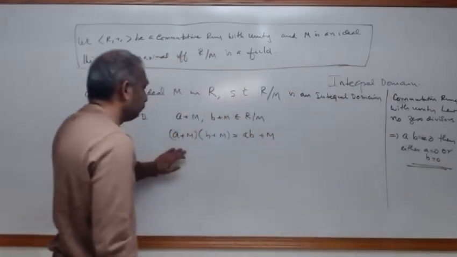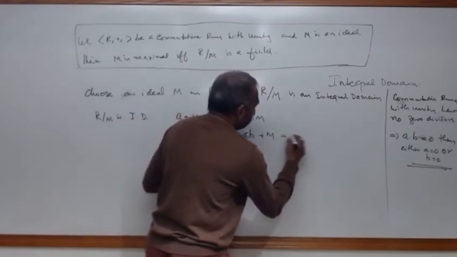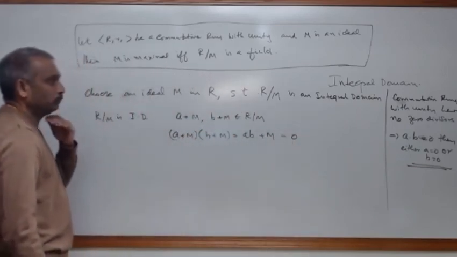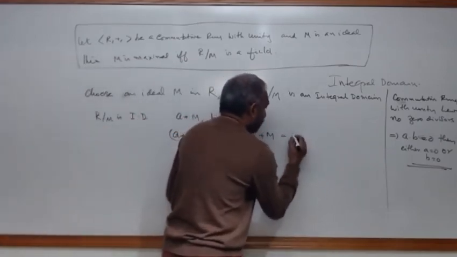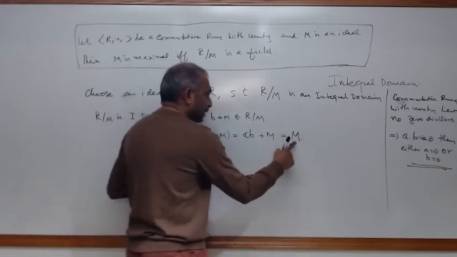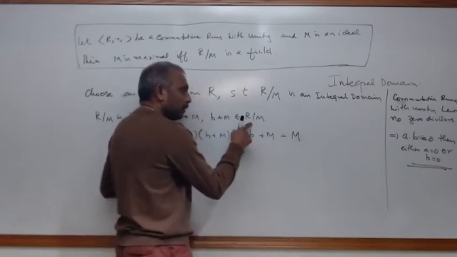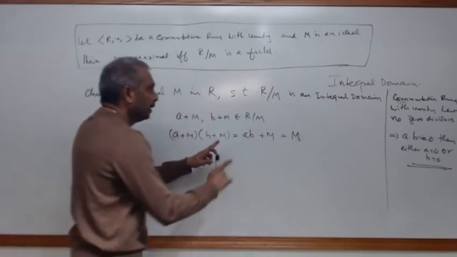So here, if this is equal to 0, meaning what? 0 is what? This is equal to M. If this is equal to M, because M is the 0 element of the factor group, then what happens?